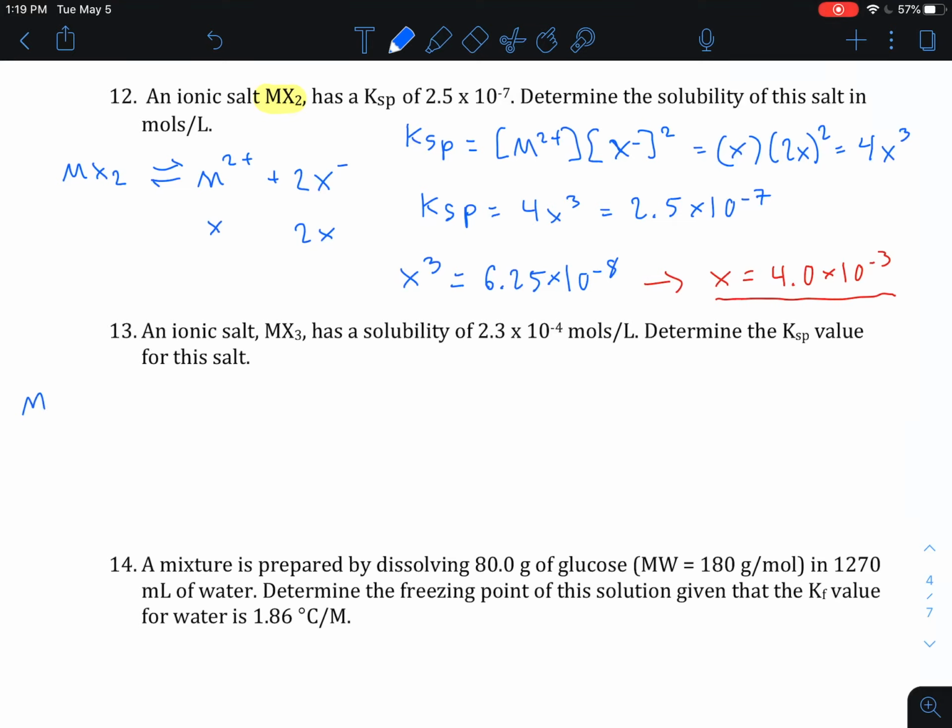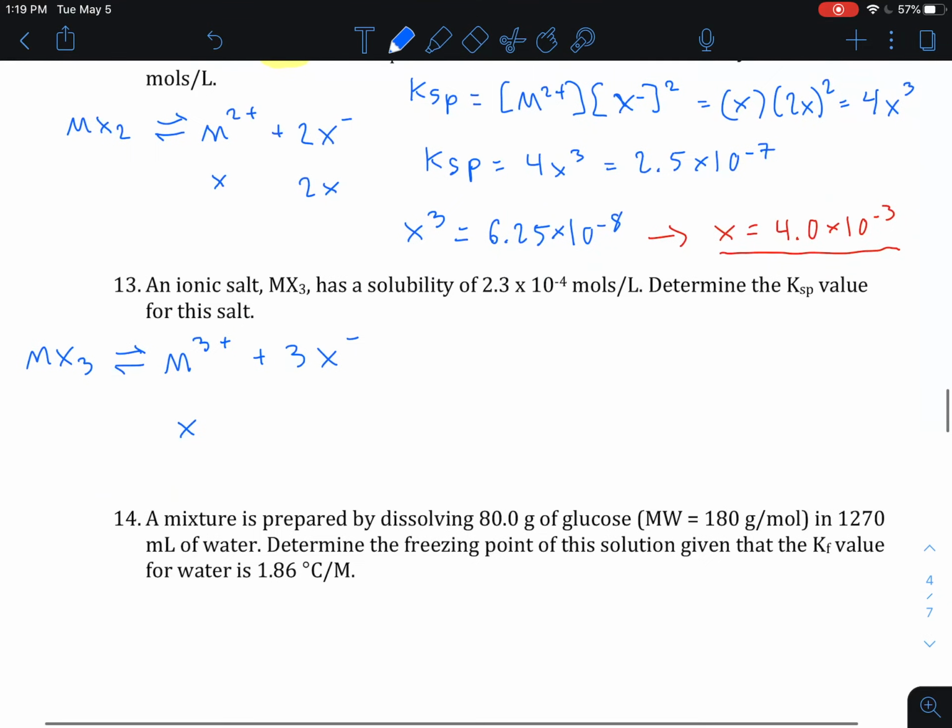Okay, the next one is the reverse of this, where I'm given the salt solubility and I need to find Ksp. This time it's MX3 instead. So now it's a 1 to 3 ratio, so we can imagine it breaks into M3+ and 3X minus. So now if x moles of the cation are released, 3 moles of the anion are released.